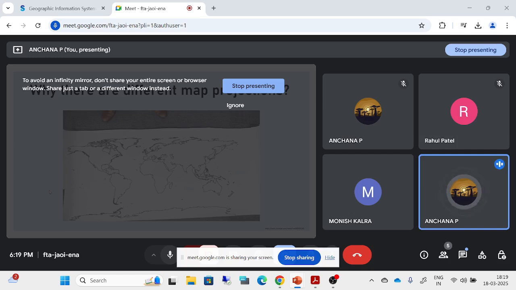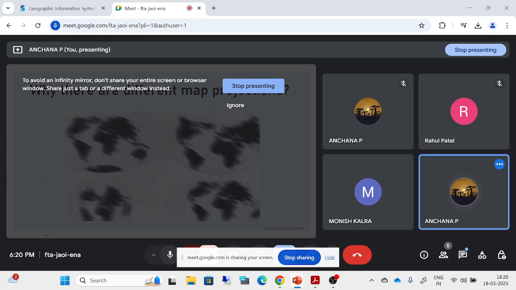So the points closer to the cylinder will have less distance of projection, and the ones that are a little farther away, especially the polar regions, will not be very accurate in shape or size.